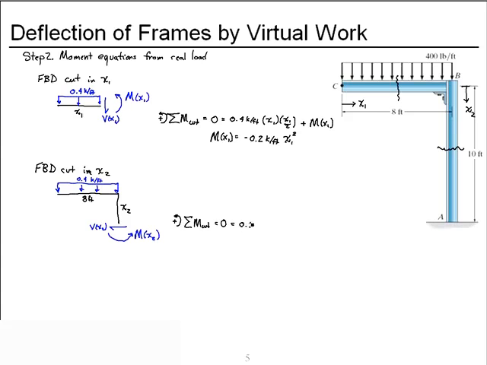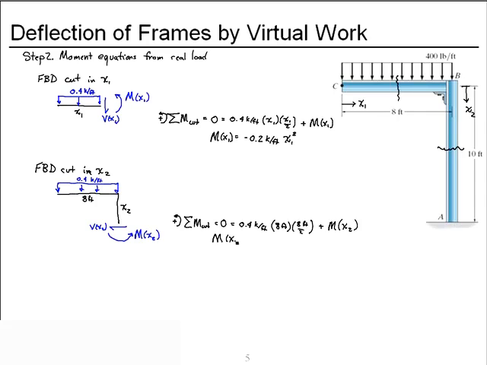Get the contribution from the uniform distributed load, which acts over a length of 8 feet, turns it into the force resultant, at a distance of 8 feet over 2, being the location of the resultant. We add in our unknown moment as a function of x2.